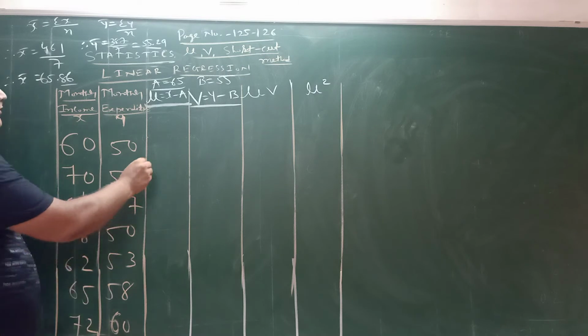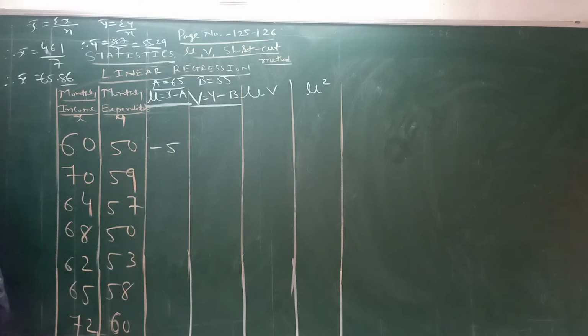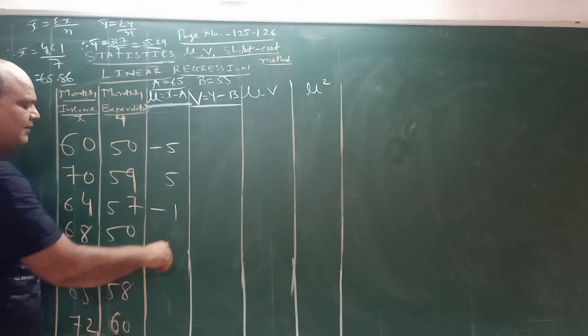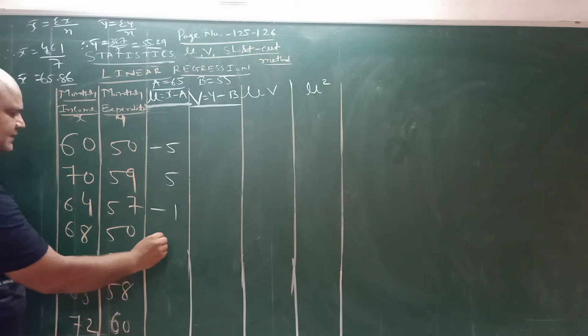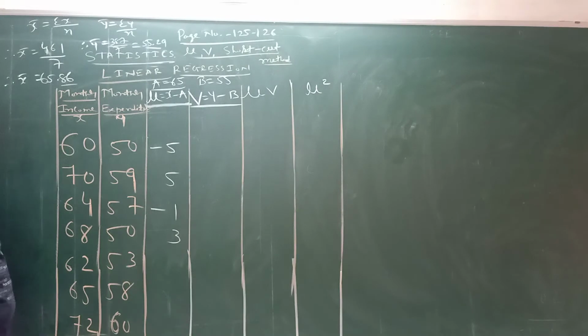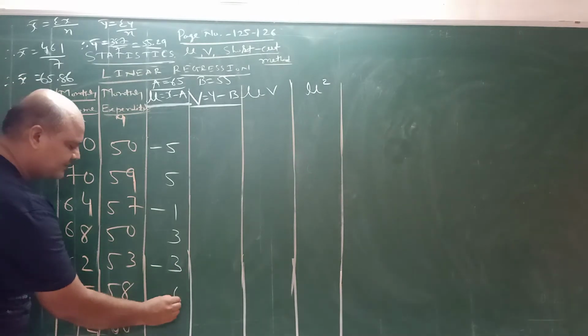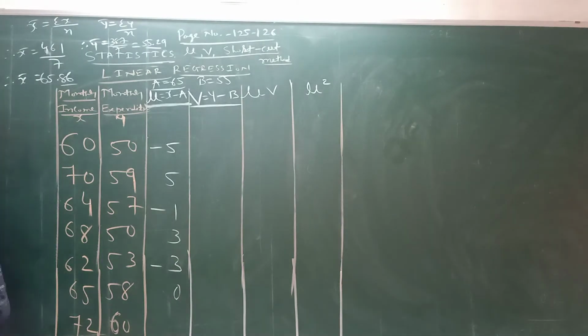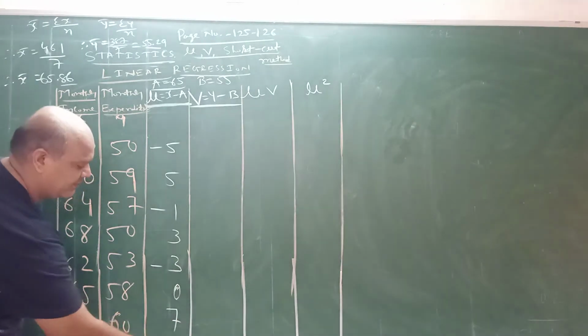60 minus 65 is minus 5, 70 minus 65 is 5, 64 minus 65 is minus 1, 68 minus 65 is 3, 62 minus 65 is minus 3, 65 minus 65 is 0, 72 minus 65 is 7.